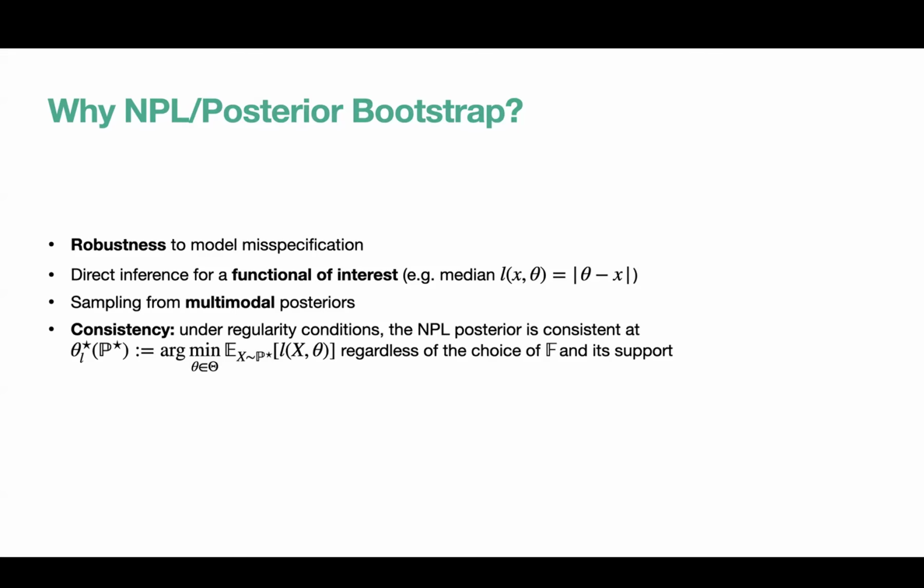And lastly, you can show nice consistency properties, and the nice thing here is that the choice of F, which was the prior centering measure in the Dirichlet process, does not affect these consistency properties, neither F nor where F has support on.